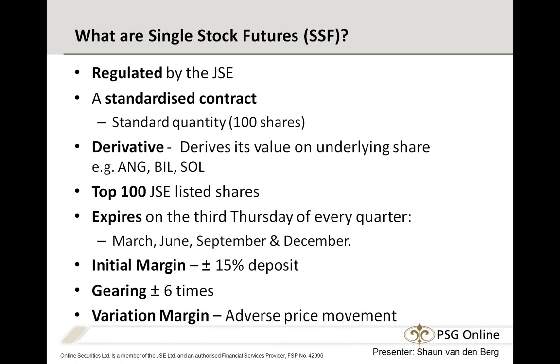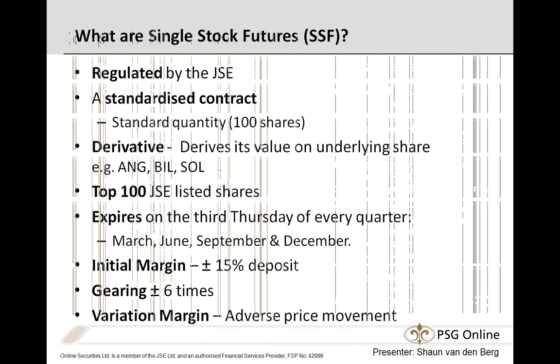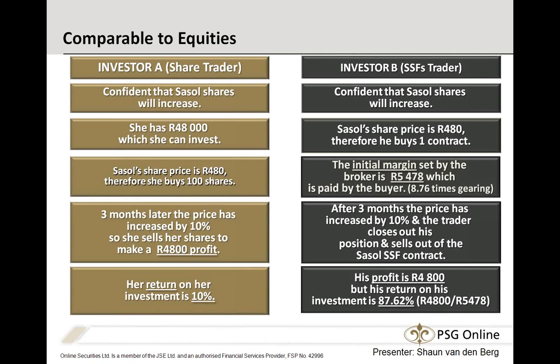So you have to have some spare cash available in case there's adverse price movement against you. That's what we call variation margin. Okay. So I always joke, with single stock futures and CFDs, these things do come with a wealth warning. You can lose more than your deposit. So you can lose the deposit plus a house plus a car. Okay.